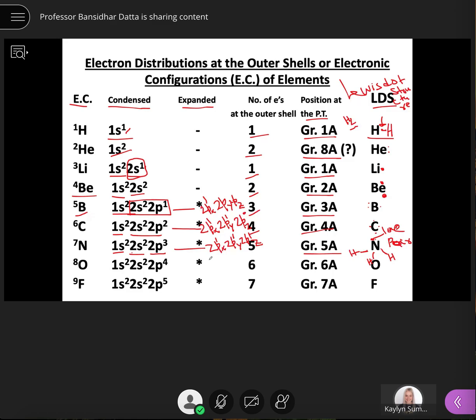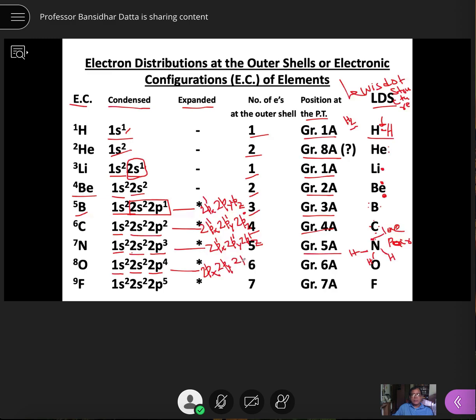I'm coming to oxygen now. Oxygen has 8 electrons. The distribution is 1s2, 2s2, and 2p4. So the expanded one is 1s2, 2s2, and then 2px, 2py, and 2pz.